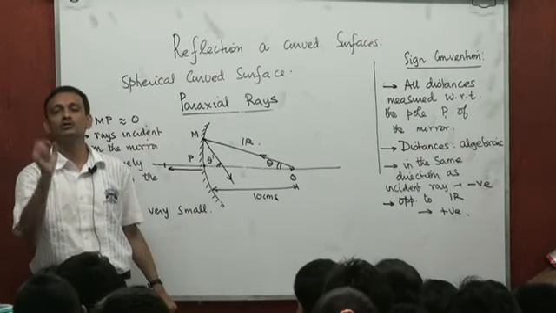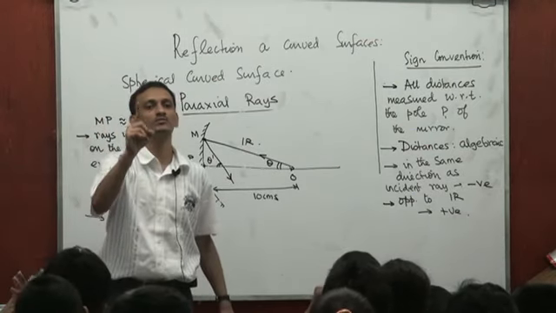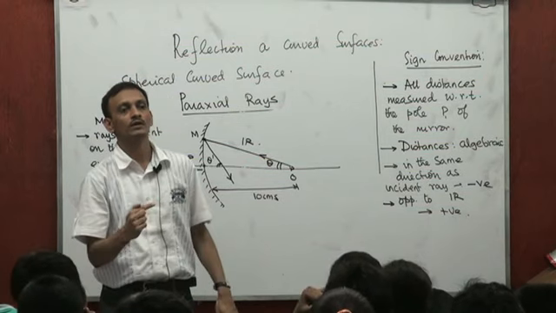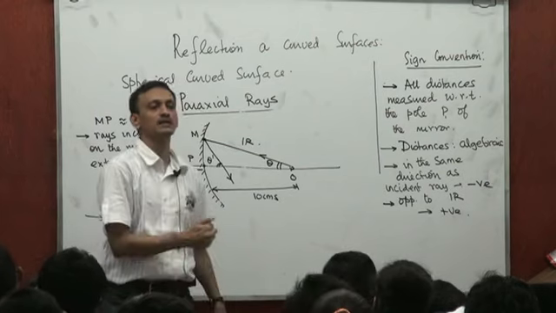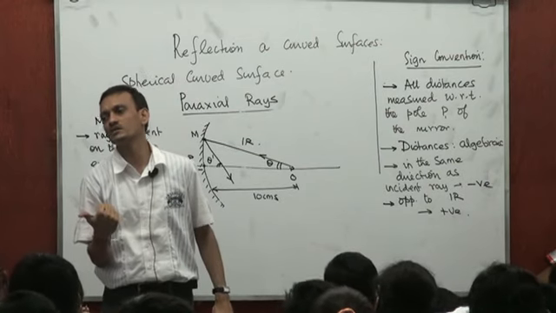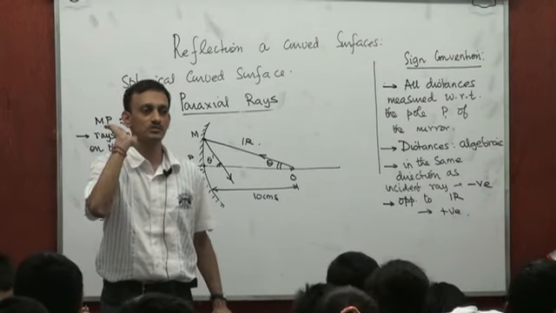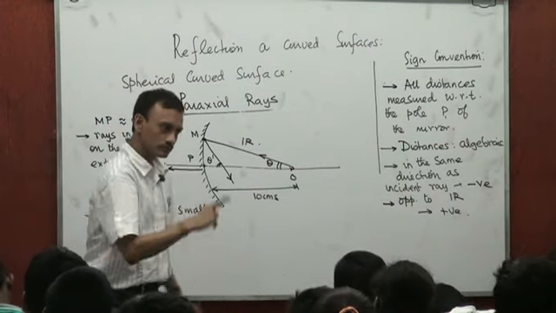That's the sign convention. All distances are measured from the pole of the mirror as the reference. When you move in the same direction as the incident ray, it would be regarded negative. Opposite to the direction of the incident ray, it would be regarded positive. Right? Got me?